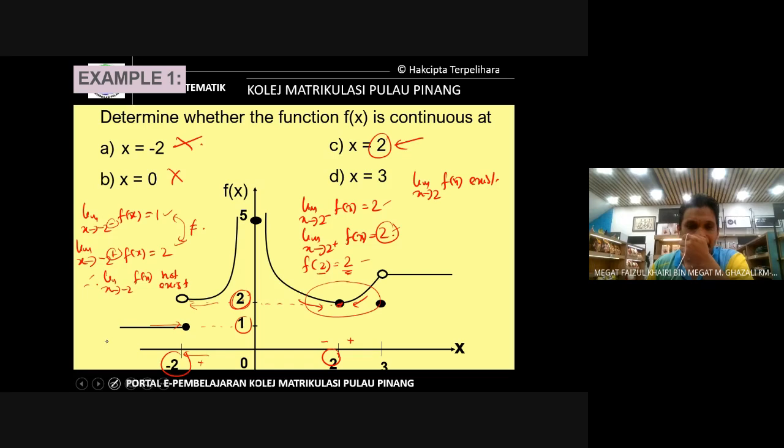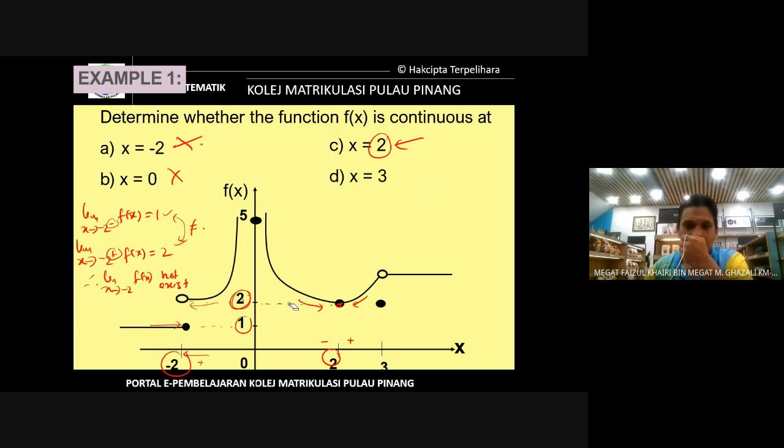But then, what about x equal to 3? When x approaches 3 from the left, and x approaches 3 from the right, the value of y, let's say this is equal to 3.